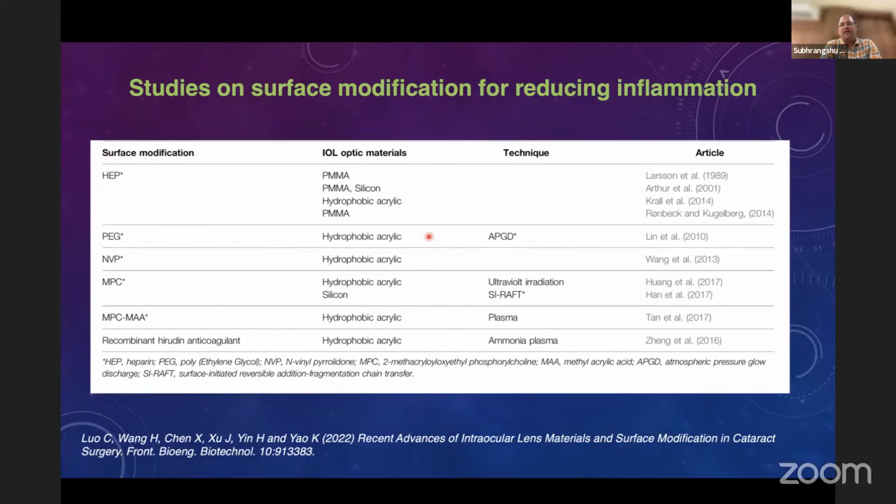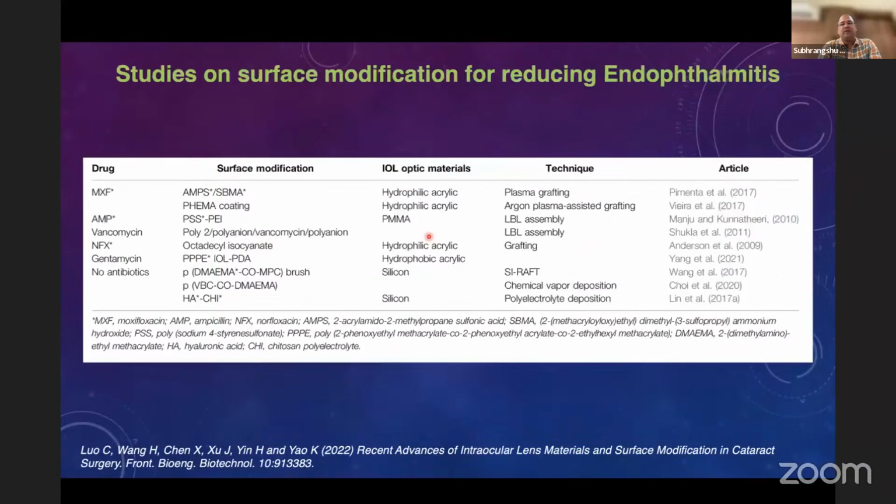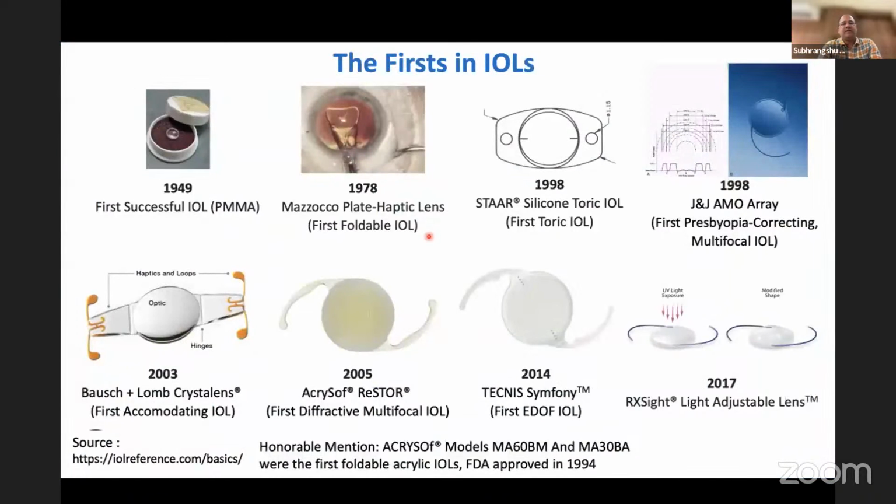These are all mainly from the theoretical point of view. Studies on surface modification for reducing inflammation, then a few studies on surface modification for reducing PCO, and a few studies on surface modification for reducing endophthalmitis.